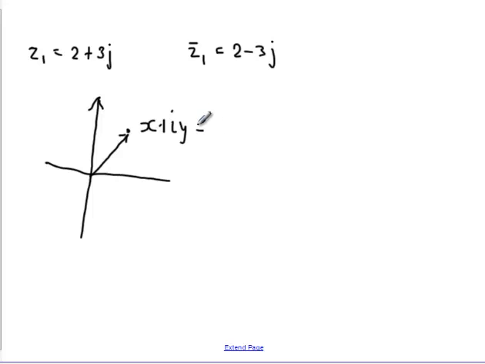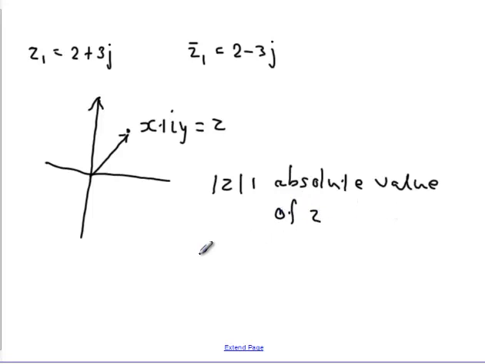Then if this is z as a complex number, we denote the absolute value of z this way. That's the absolute value of z. Exactly the same way we did with vectors.